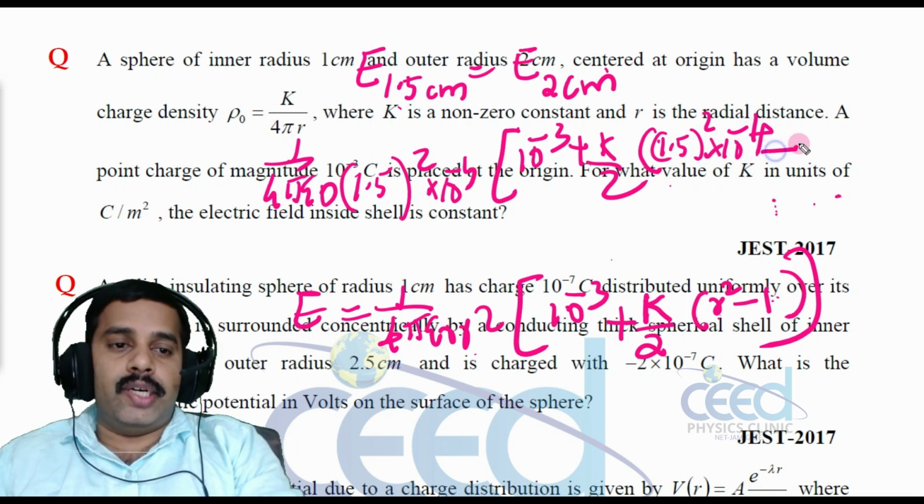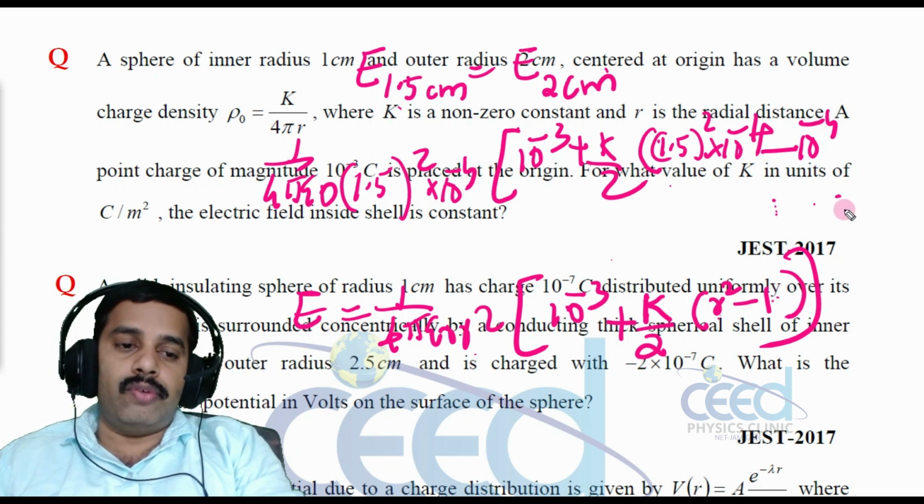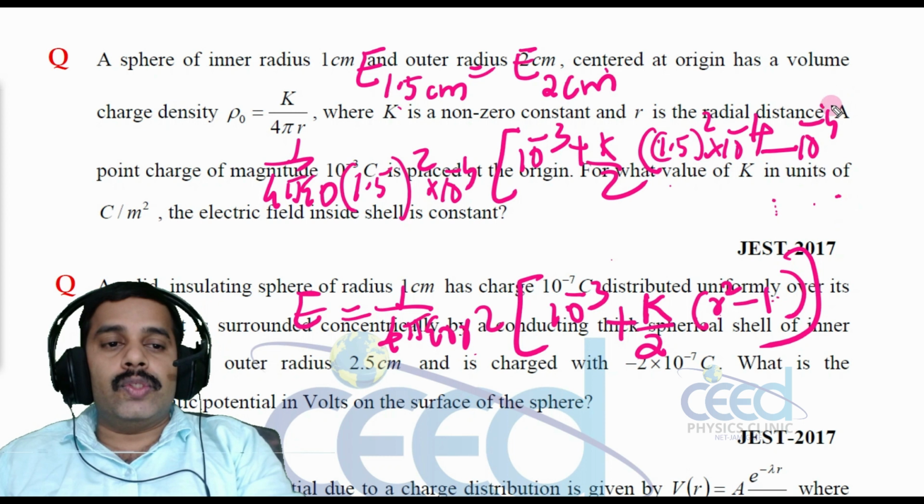So here we have only 10 raised to minus 4, this is 1 centimeter square. You have given the limit 1 for r.